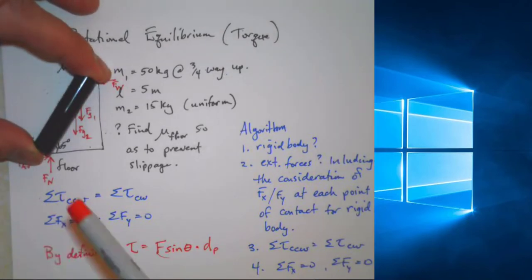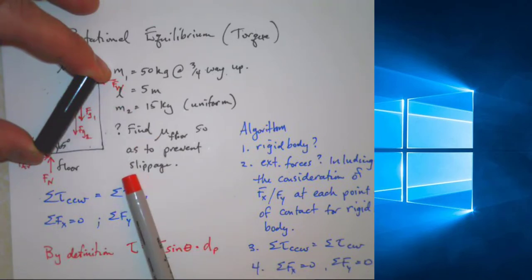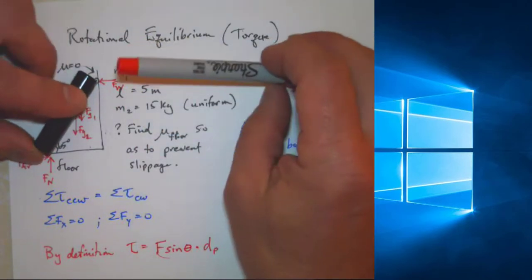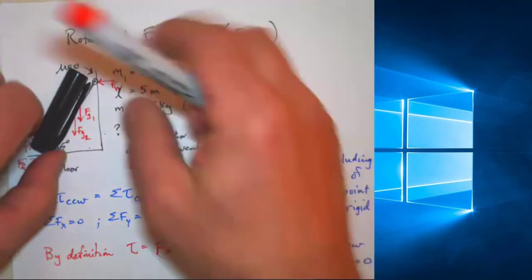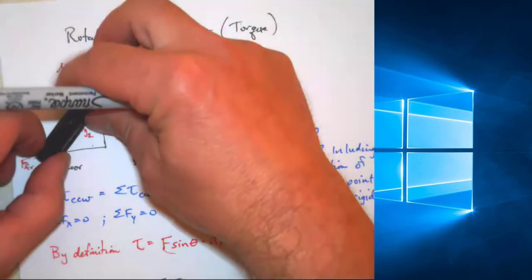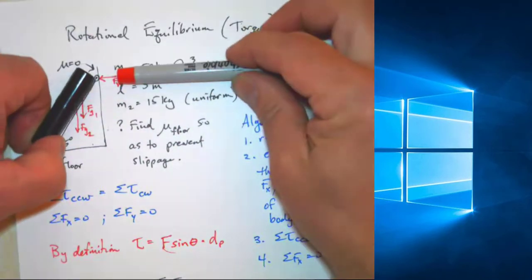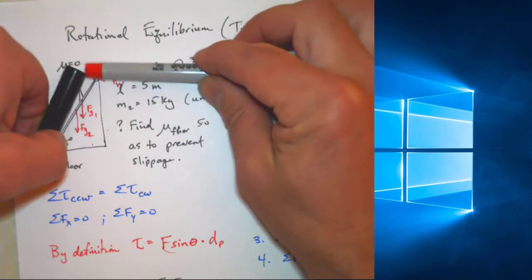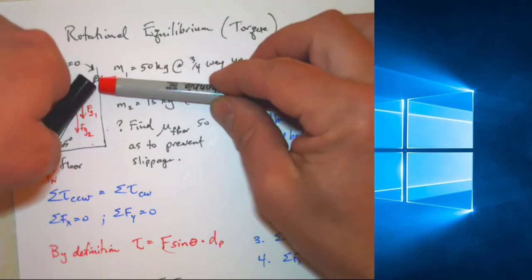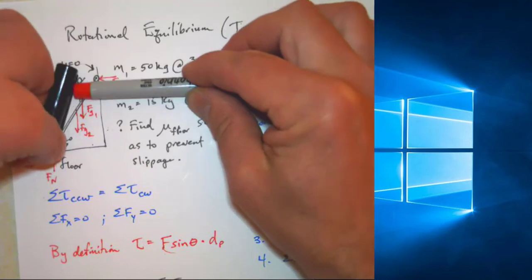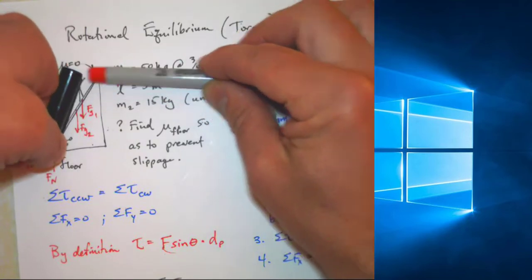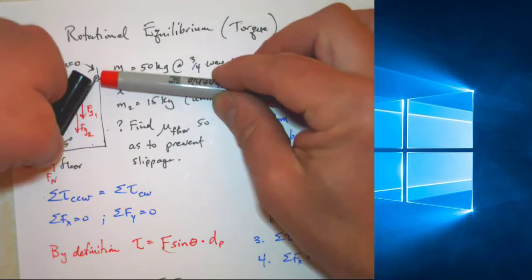And I can talk about each one of these forces. So the force here from the wall, I'm holding now the pivot of the ladder still. If I apply that force, it'll cause a rotation about that pivot in the counterclockwise direction. So the force from the wall is going to contribute to the counterclockwise torque.